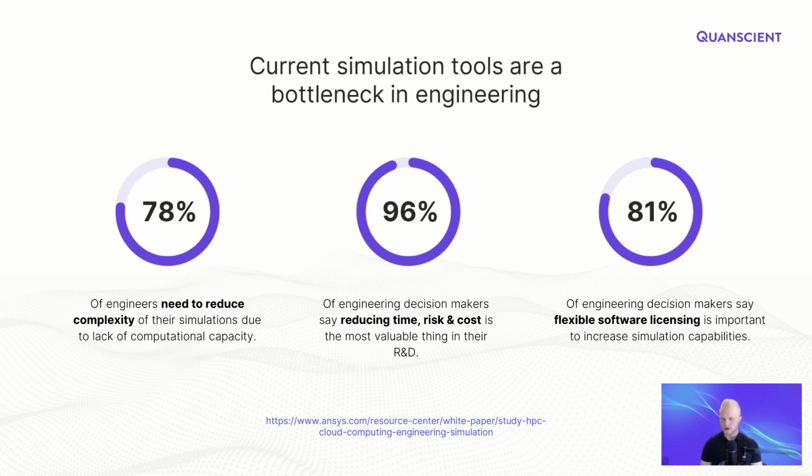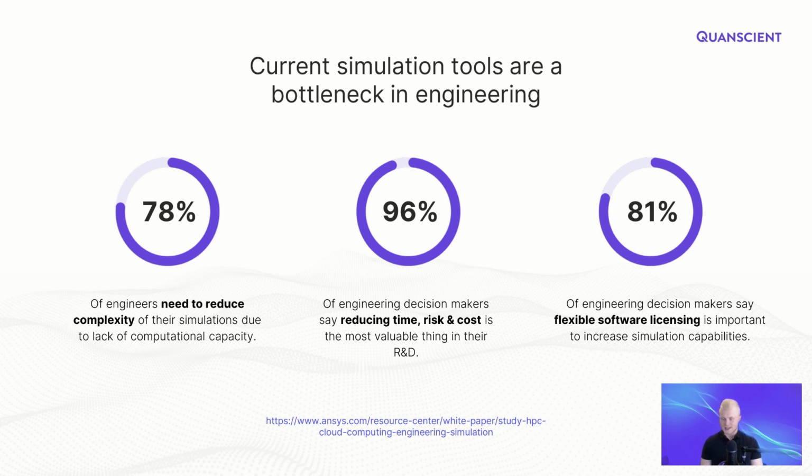According to a report by ANSYS, 78% of engineers need to reduce the complexity of their simulations due to the lack of computational capacity. 96% of engineering decision makers said that reducing time, risk, and cost is the most valuable thing in their R&D, and 81% said that flexible software licenses are important to increase simulation capabilities.